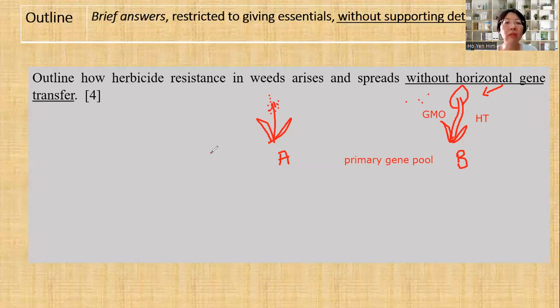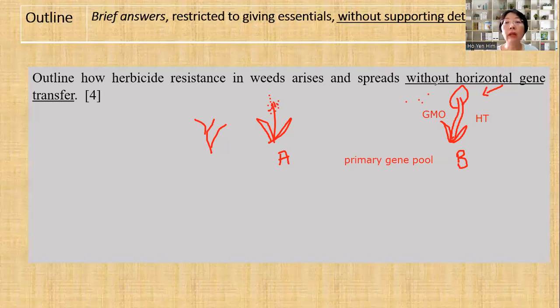The seed lands on the ground. After that, it will grow to become a new plant. Right? So therefore, this is called horizontal gene transfer, just like bacteria, right? By conjugation. So you apply your knowledge about horizontal gene transfer in bacteria, it can do the same thing in plants, but not for animals. Animals cannot do horizontal transfer, right? Because different species cannot interbreed.